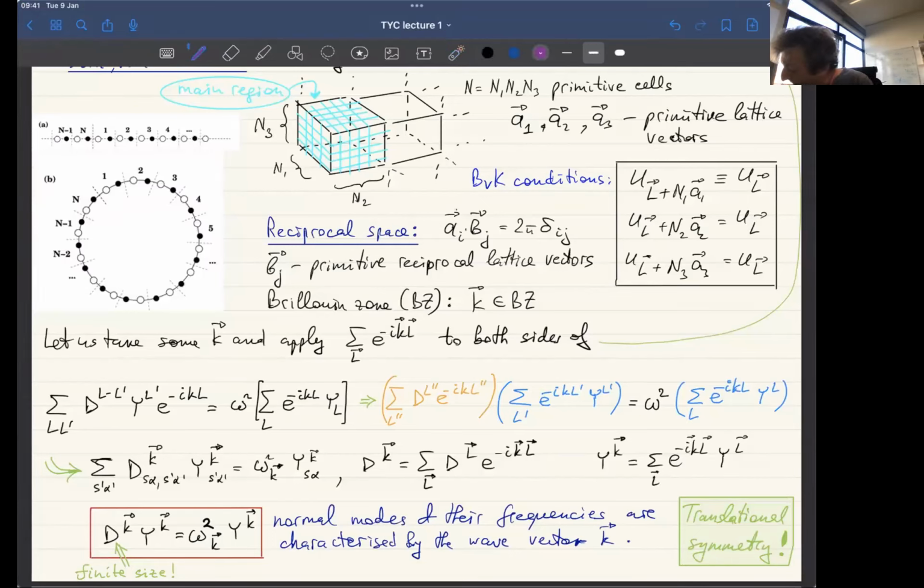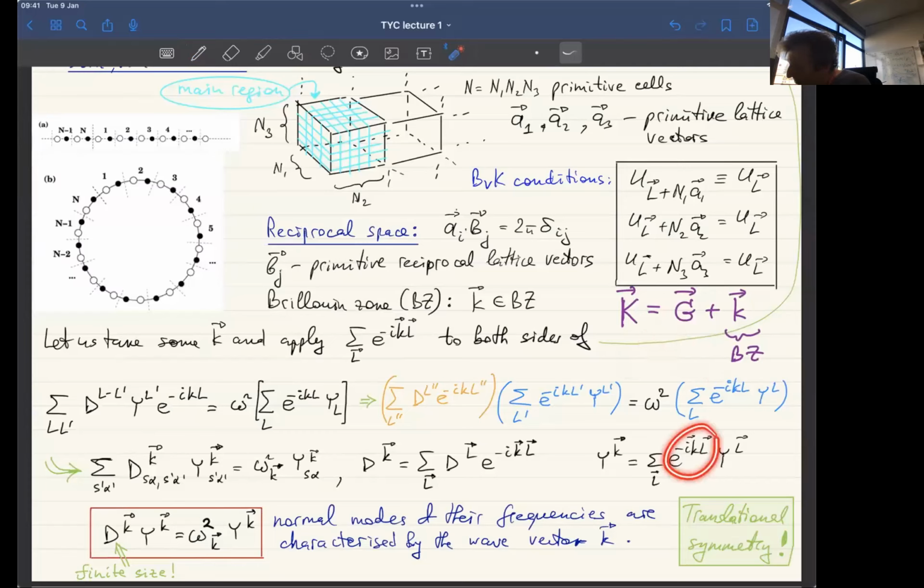Good. So any vector k in the reciprocal space, let's call it capital K, can always be written as a reciprocal lattice vector, a proper reciprocal lattice vector G, and the vector little k from the Brillouin zone. So if we now substitute this vector K instead of this k here, you will see that e to the iGL would give 1.